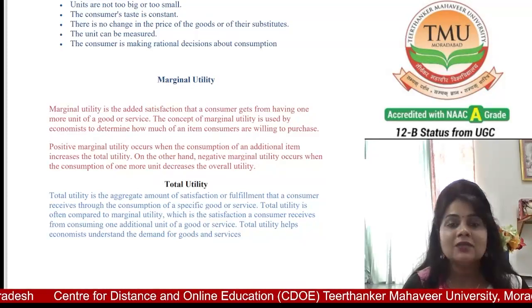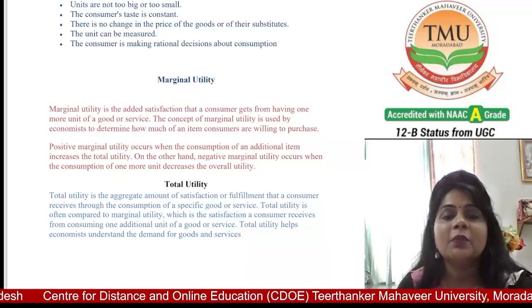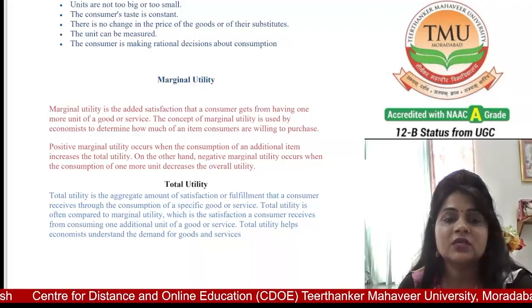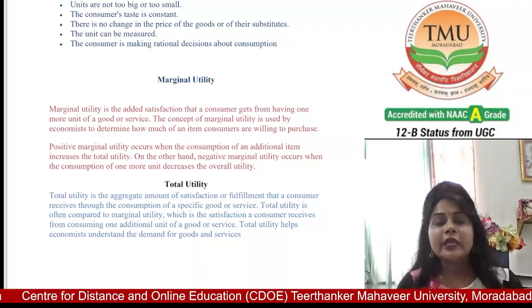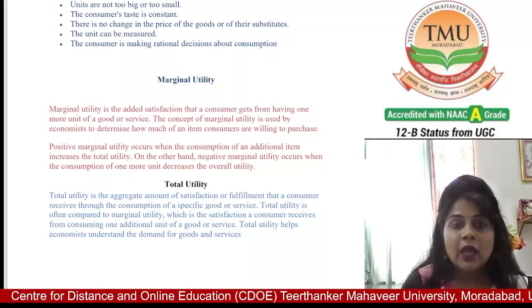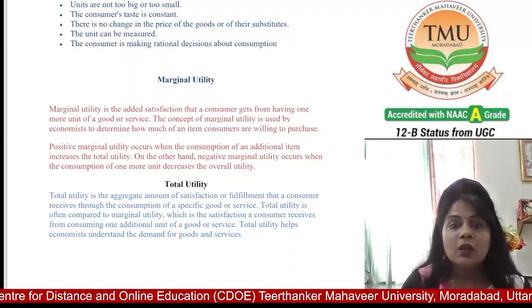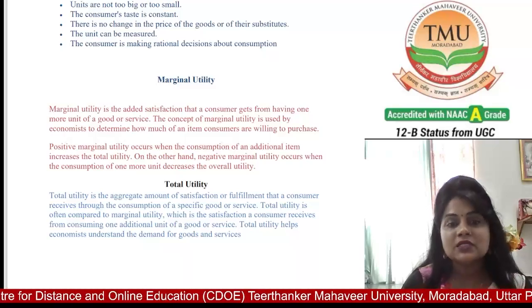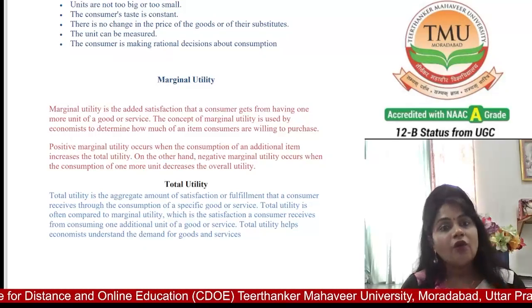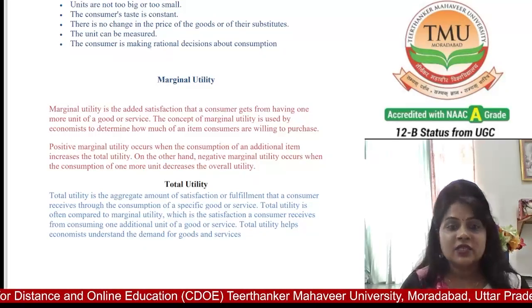Total utility helps economists understand the demand for goods and services. It means total utility is the aggregate sum of satisfaction or fulfillment of a consumer received through the consumption of goods or services.